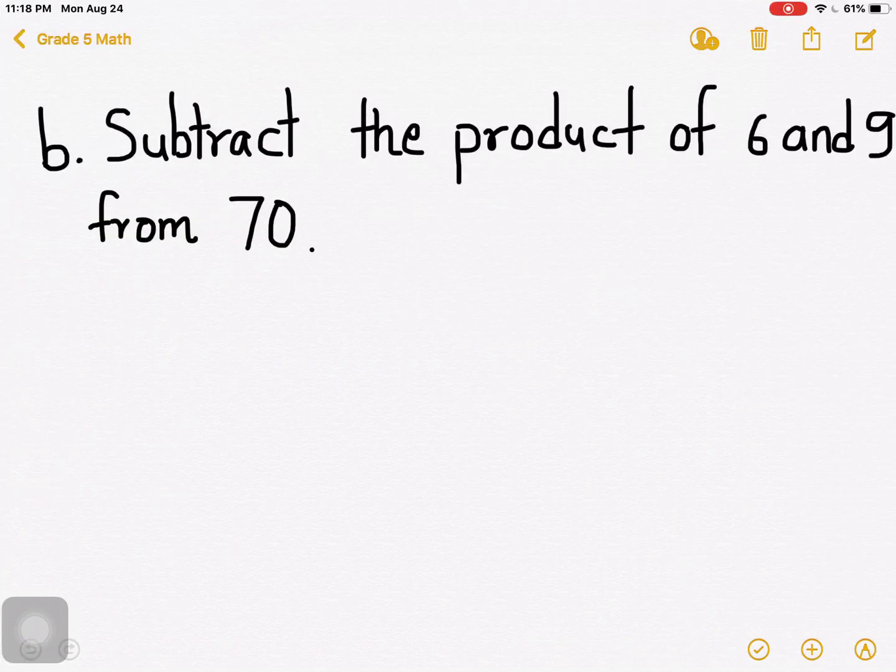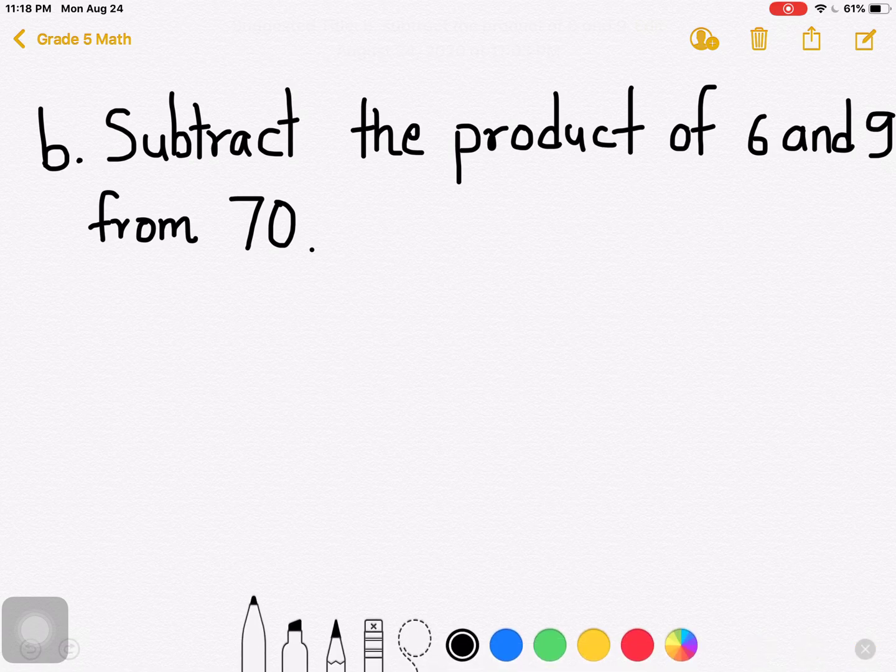Subtract the product of 6 and 9 from 70. What do we have to find out? We have to subtract the product of 6 and 9 from 70.